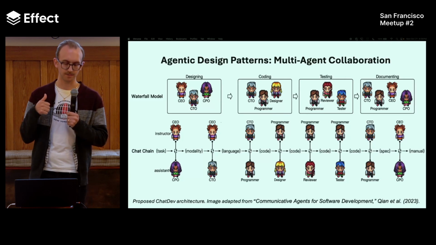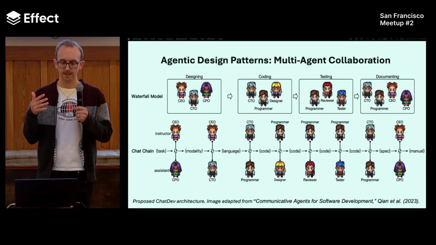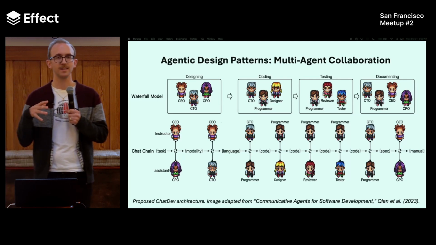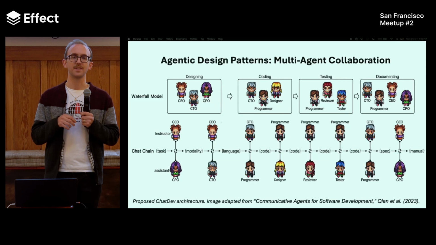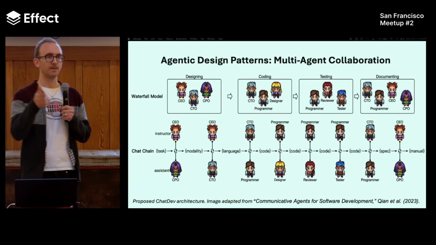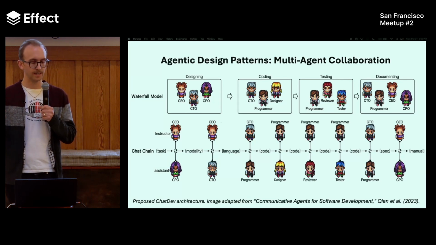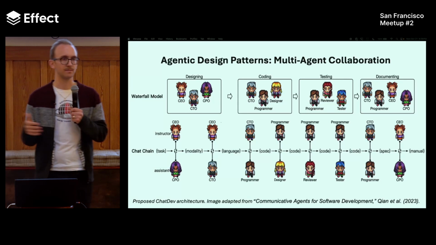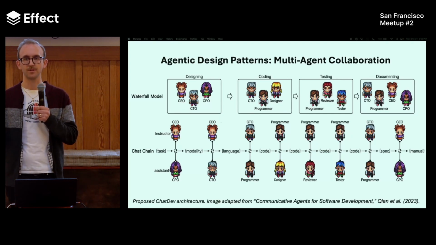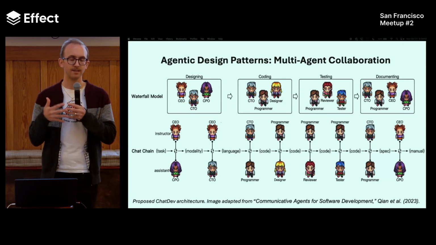The paper that explained this architecture goes through a mock chat-powered software development framework where every agent has a particular role, as if they were in a software development company. When you feed a problem into the beginning of the chain, it goes through the planning phase with the C-suite and then through the coding phase with the engineers, et cetera. On the other end, you hopefully get a comprehensive solution to the problem. But the idea here is, again, you have multiple agents working together to solve the problem.